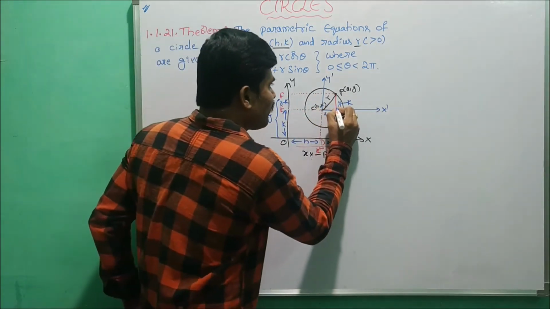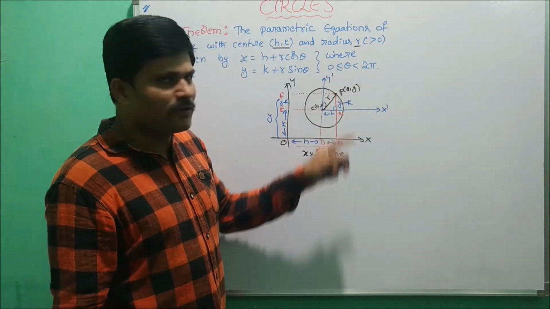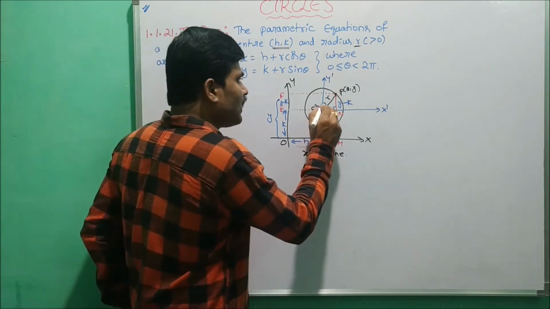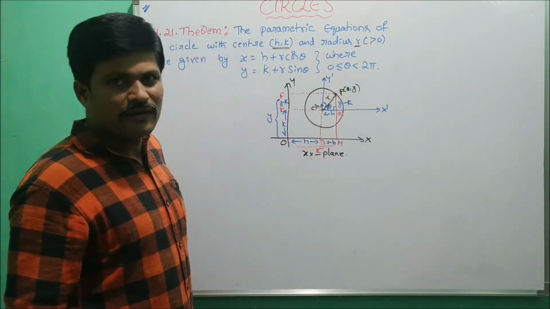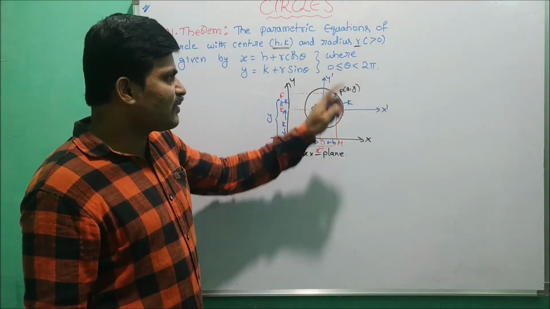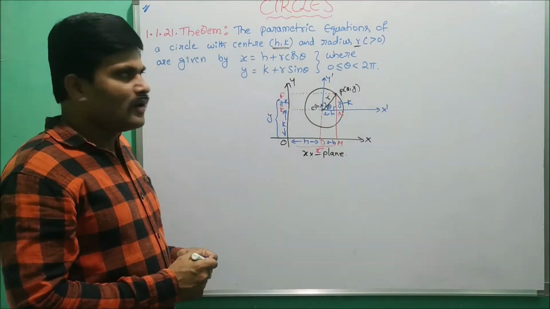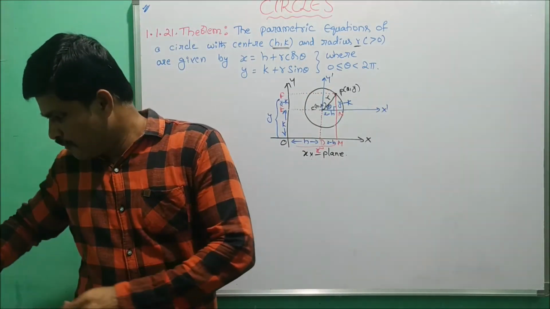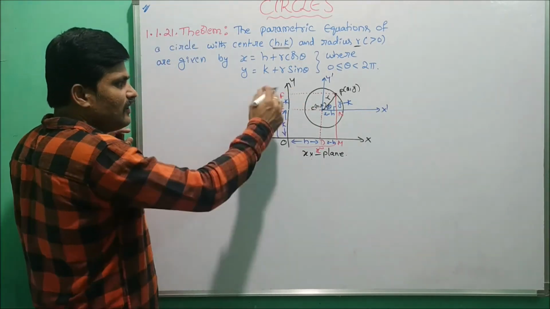So this is 90 degrees, which is perpendicular. Also let the angle PCN be some theta. Clearly theta lies between 0 and 2 pi. So this is the diagram. Now we have to discuss the given statements.